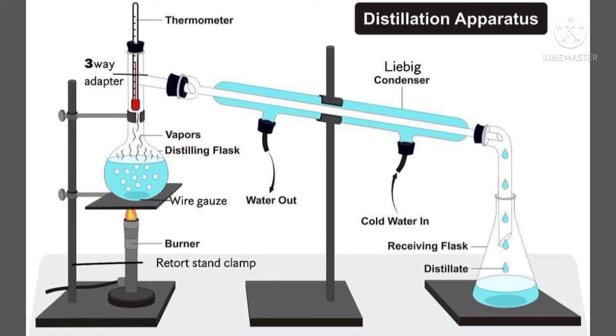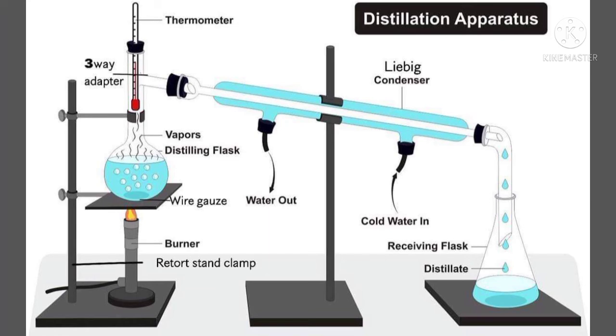Second is the distilling flask. The distilling flask or round bottom flask is attached to the fractionating column and to the three-way adapter holding a thermometer to determine the boiling temperature of the liquid. The adapter connects to a condenser into which cold water is constantly passed through.